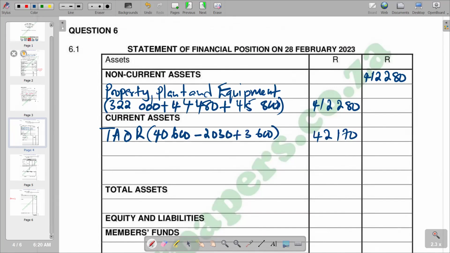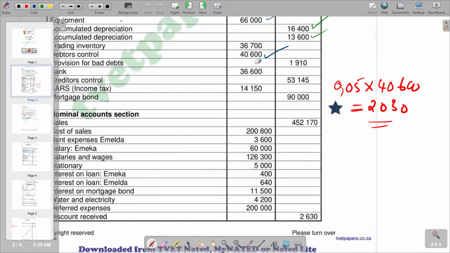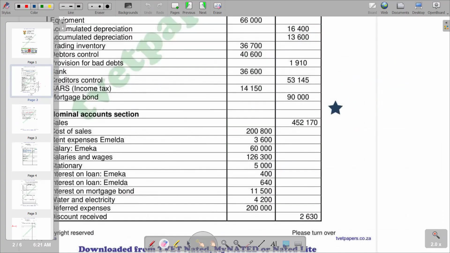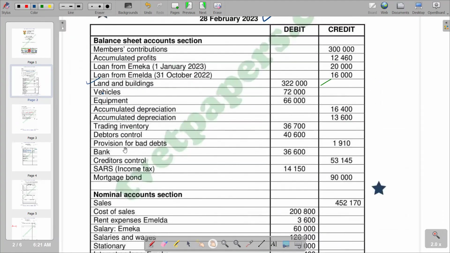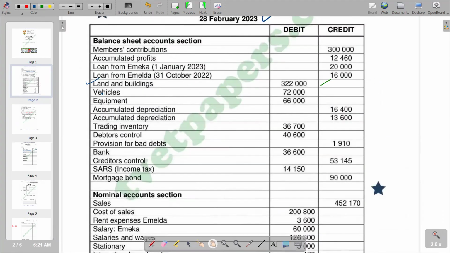We go to our pre-adjusted trial balance, and we see that we've got trading inventory here, which is 36,700. So it's also part of our current assets.